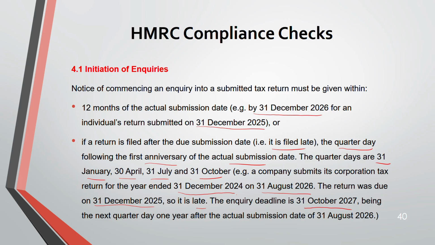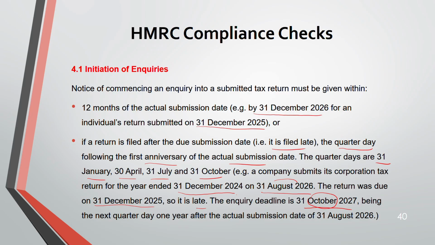So if you see, being the next quarter day 1 year after the actual submission date. Okay. So 1 year from the actual submission date you have to take, and the next quarter. So after August, if you see, October is the quarter. After October falls in the quarter day.